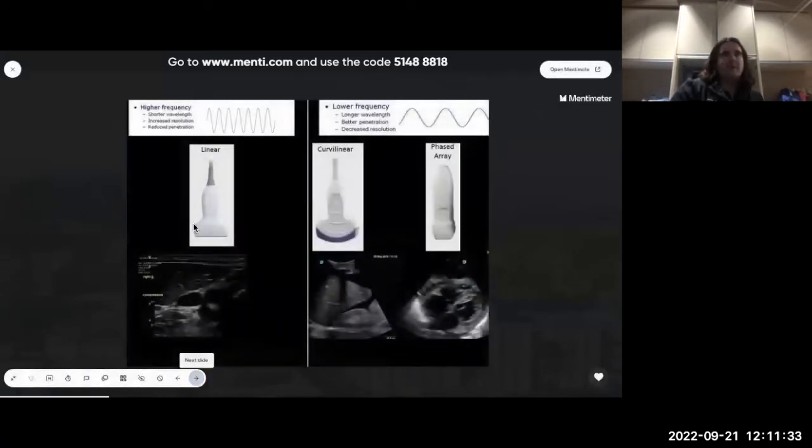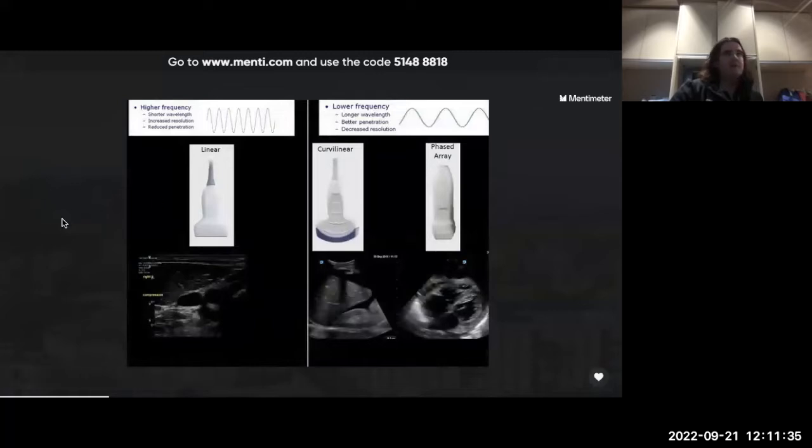Okay, so high frequency sound waves are typically the best for interrogating superficial structures. Short wavelengths, as you can see up here, wavelength from peak to peak, have high resolution, but because it's high frequency, it actually has fairly poor penetration, and high frequency sound waves have high amounts of attenuation. And attenuation means a drop in amplitude at depth, or basically energy.